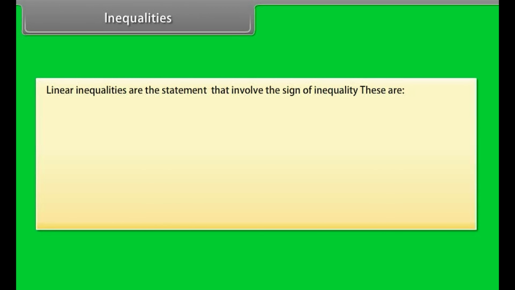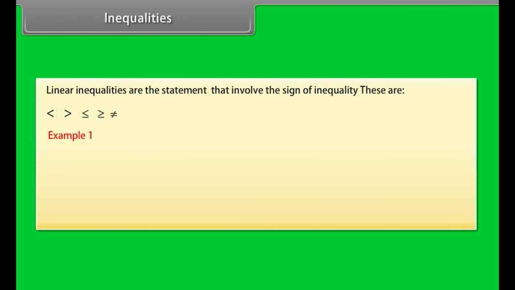Inequalities. Linear inequalities are the statements that involve the sign of inequality. These are less than, greater than, less than or equal, greater than or equal, not equal. Let's have some examples for better understanding. Example 1.